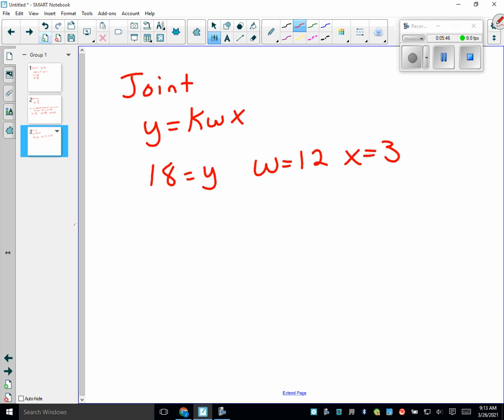Find k. So is 18 equal to 36k? So what is k? 1/2.